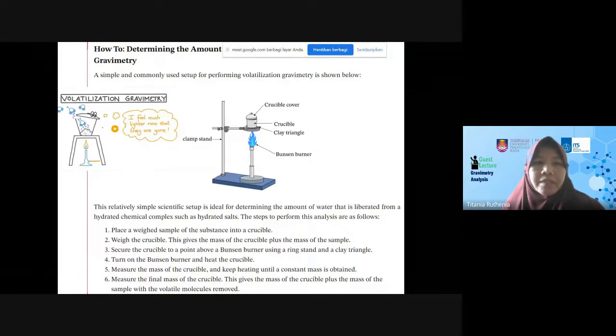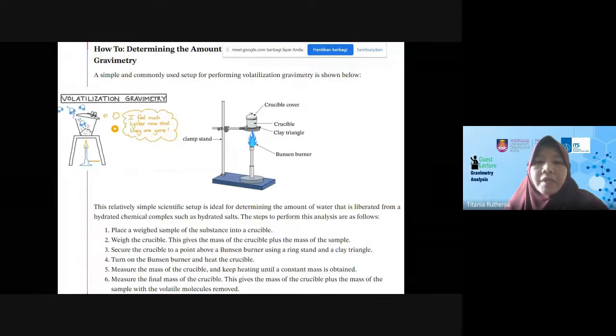So some volatile matter, or in this case water, will evolve because of the heating process, so that we can compare the weight of the sample before and after the ignition process.